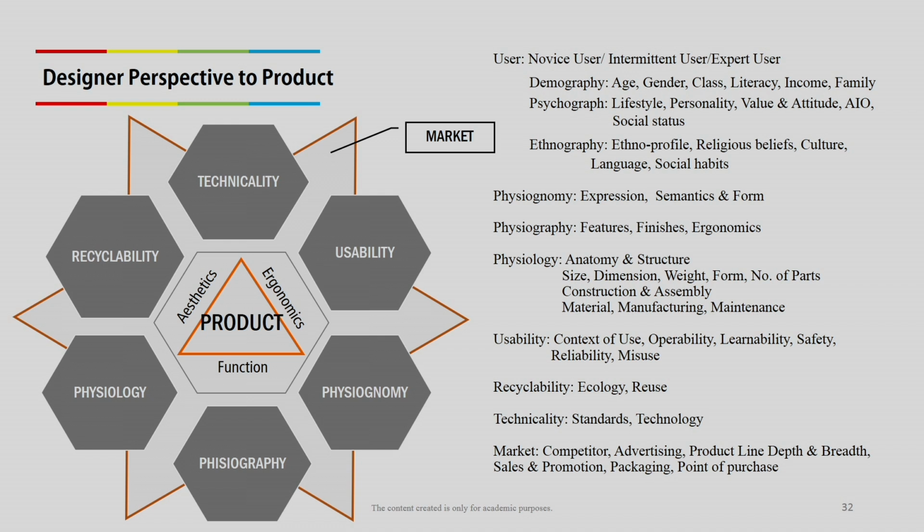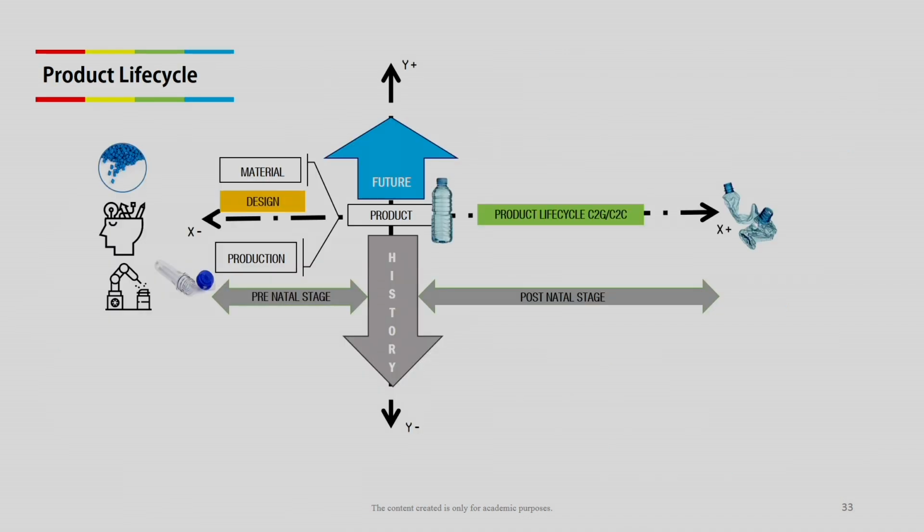On top of all those, designers also should see how a product will be placed in the market. So, the designer will have to consider the competitor, how it will be advertised, product line depth and breadth, sales and promotion, packaging, point of purchase, etc.